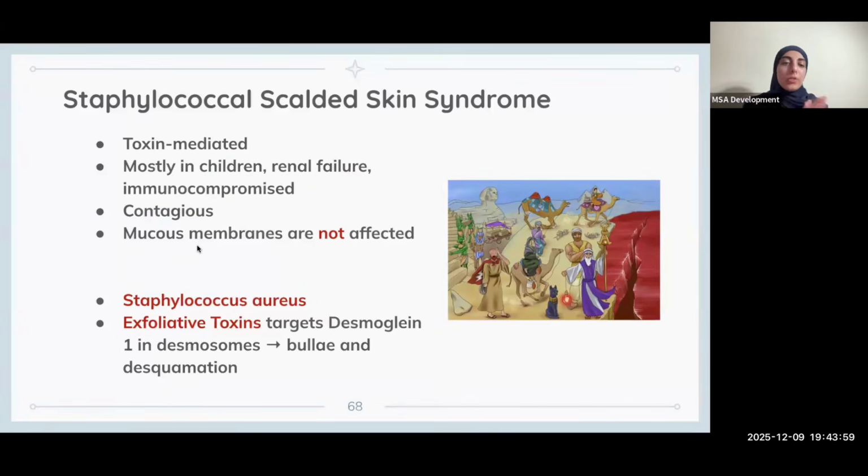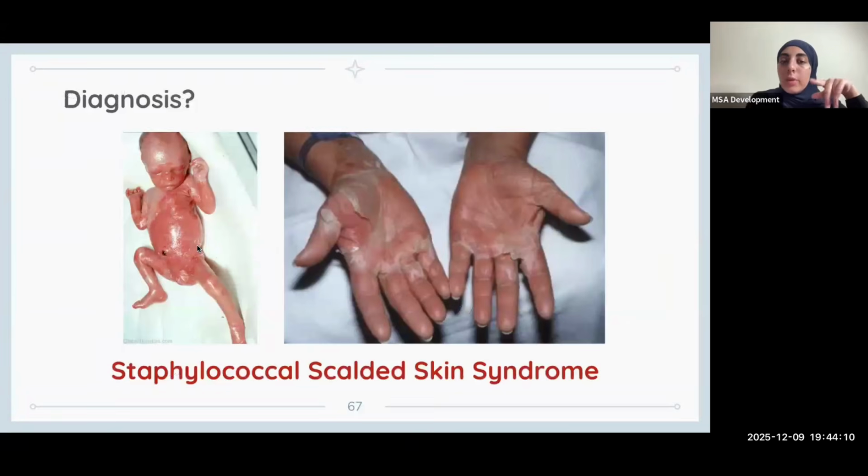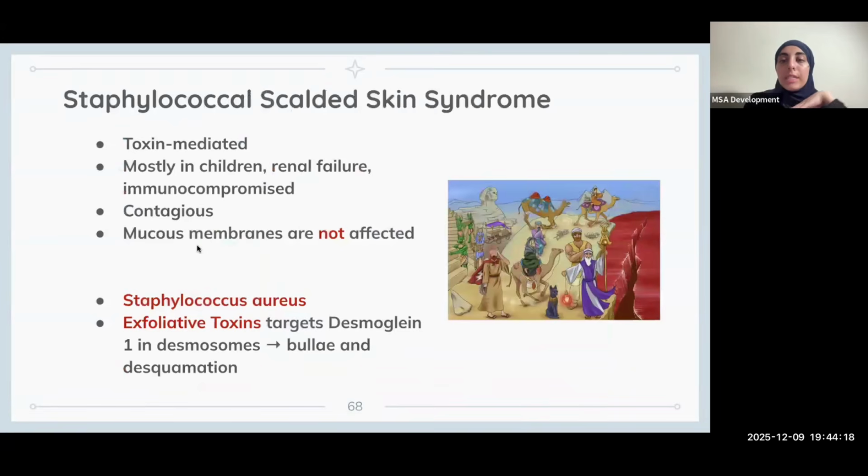Okay, this is to differentiate it from another similar entity that's called Stevens-Johnson syndrome, which also causes the sloughing off of the skin and desquamation. It causes a very similar picture to this, but the key difference is that in Staph scalded skin syndrome, the mouth is not affected, okay? But in Stevens-Johnson syndrome, the mouth will be affected, okay?